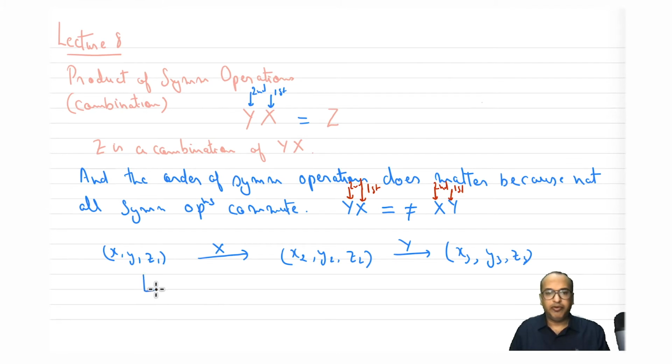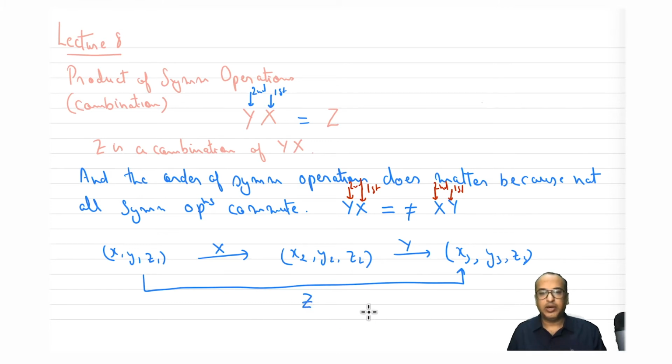Then if you find a symmetry operation which can directly take you from x1, y1, z1 to x3, y3, z3 by using z, then z is called the combination of y and x in this particular order, right?